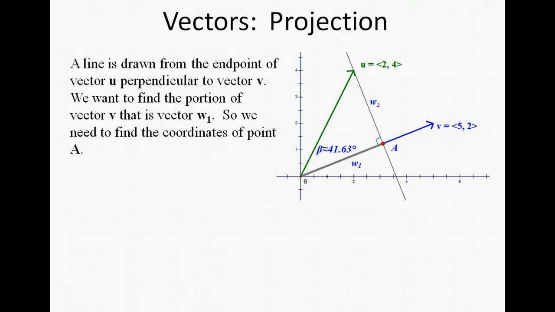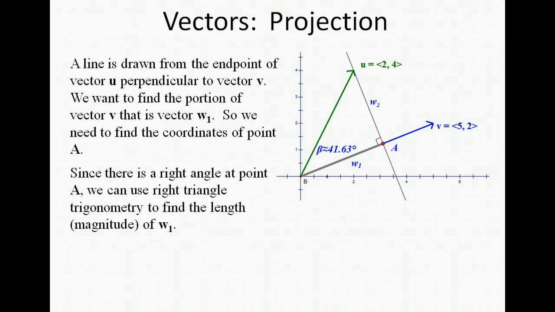So what we want to do here is find the coordinates at the endpoint of vector w1, which would give us our component form for vector w1. So we need to find the coordinates of point A. Since there is a right angle at point A, we can use right triangle trig to find the length or the magnitude of vector w1. We have the angle between the two vectors, which is in this case w1 and u we're looking at.